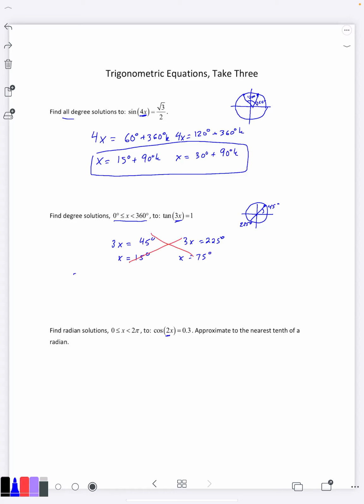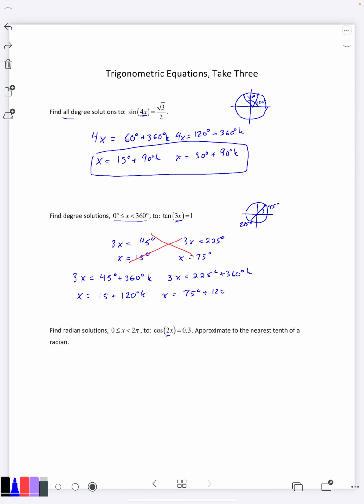What you want to do instead is pretend that you're finding all solutions, add your 360k's, and then after you add your 360k's, divide by 3. It's 15 degrees plus 120k, and 75 degrees plus 120k.